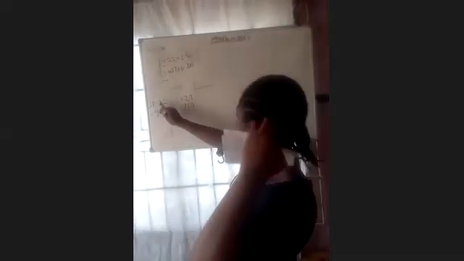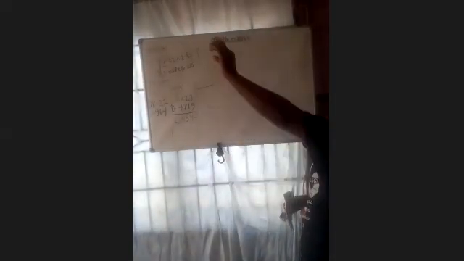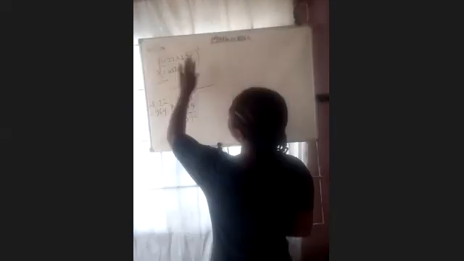Since it is multiplication, we are adding up. When we add 1.5823 plus 0.4719, we have 2.0542. Now, this is the answer for the numerator.